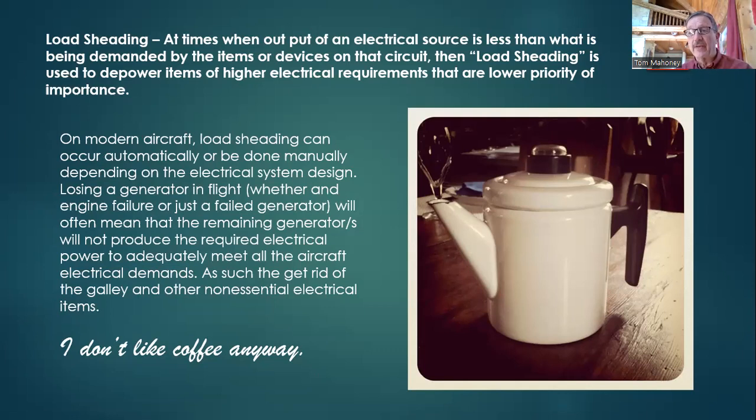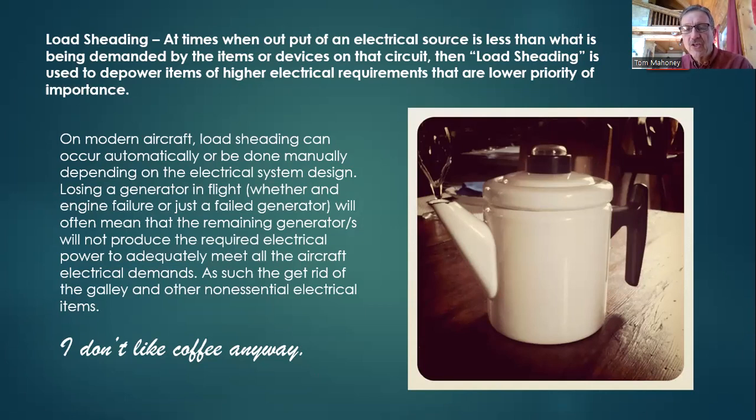Now, I don't drink coffee, so that's good for me, because one of the first things commercial aircraft do, for example, if you lose an engine or lose a generator on that engine, if one of the generators happens to drop offline and cannot produce power, a lot of times the operating generator doesn't have enough push to power up all of the items that are on the aircraft.